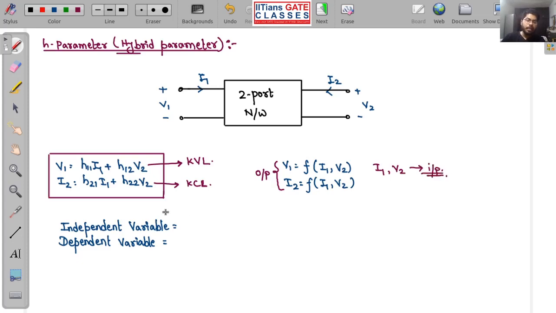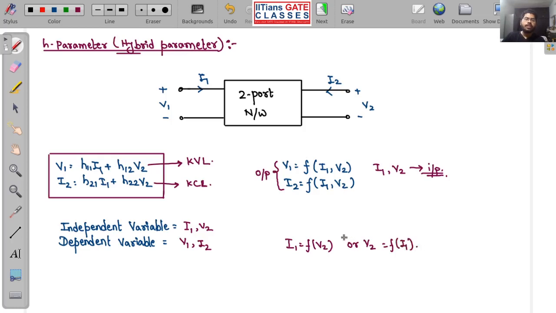What are my independent and dependent variables? The independent variables are I1 and V2. And the dependent variables are V1 and I2. Now suppose in some circuit I1 is a function of V2, or V2 is a function of I1.